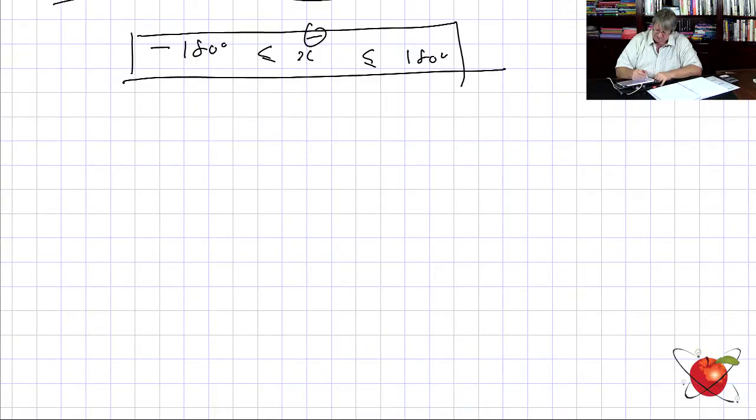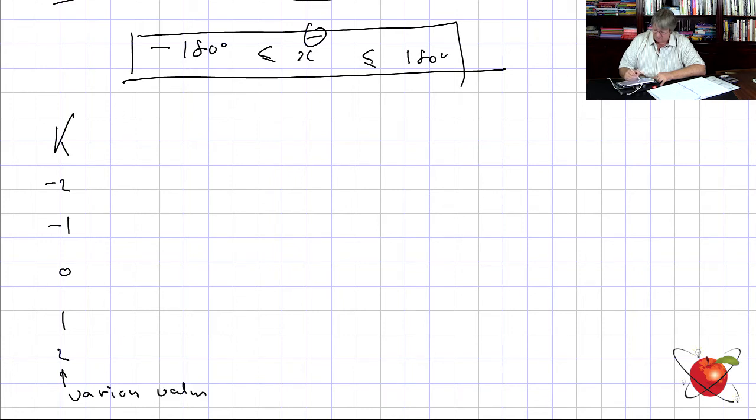We're going to draw up a table, all right? And essentially, we're going to have the table of k, and k can be minus 2, minus 1, 0, 1, 2, or whatever, okay? So we use various values of k. And over here, we've got theta.